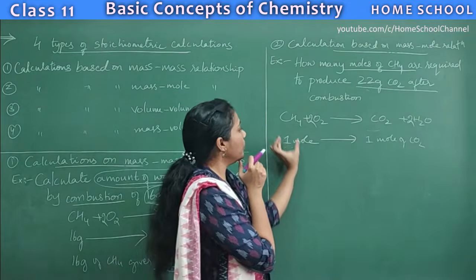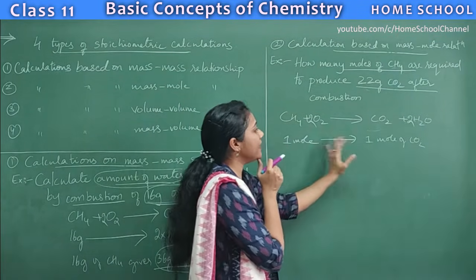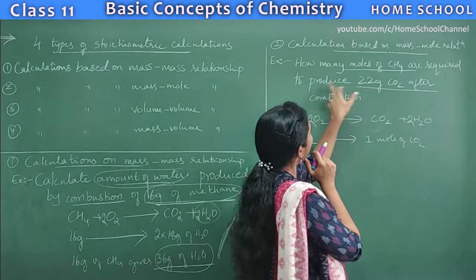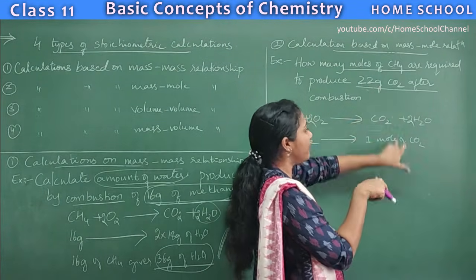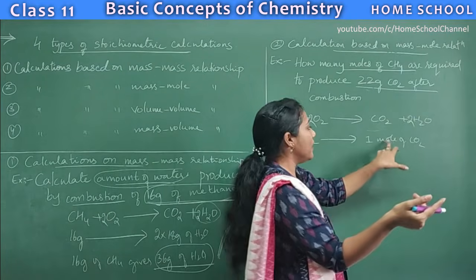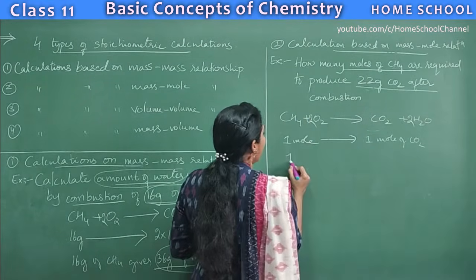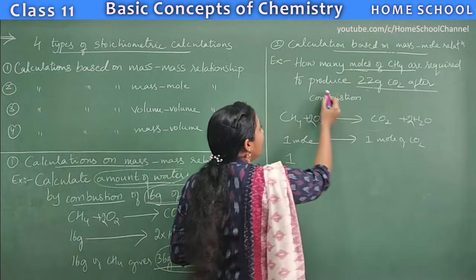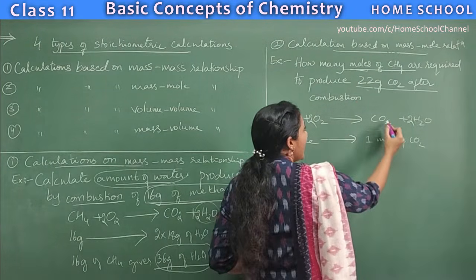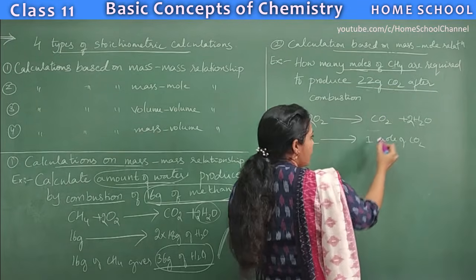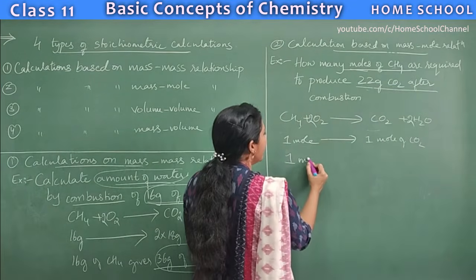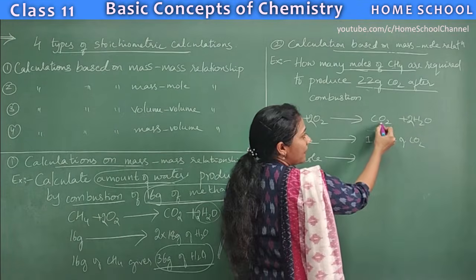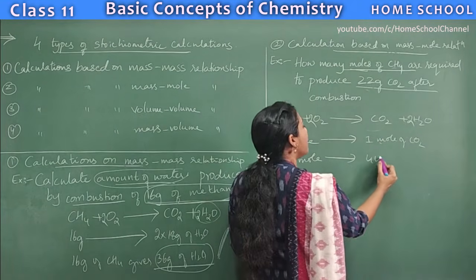So 1 mole of methane is giving how many moles of carbon dioxide? 1 mole. But you see, the carbon dioxide information is given in mass, right? So convert this mole into mass. Methane information they are asking in moles, but carbon dioxide information they have given in mass. So 1 mole of methane is giving 1 mole of carbon dioxide, which means 44 grams.